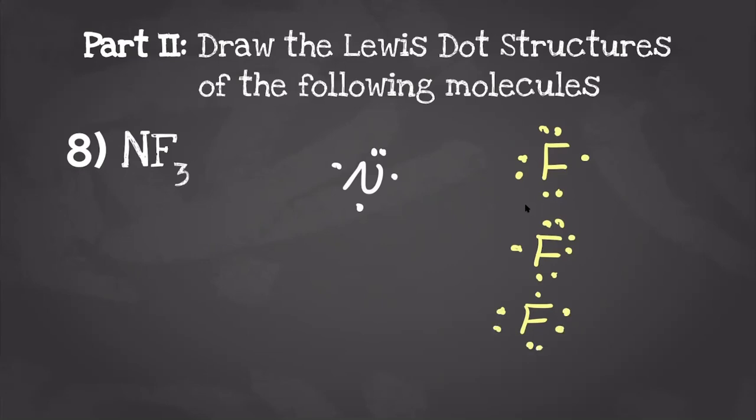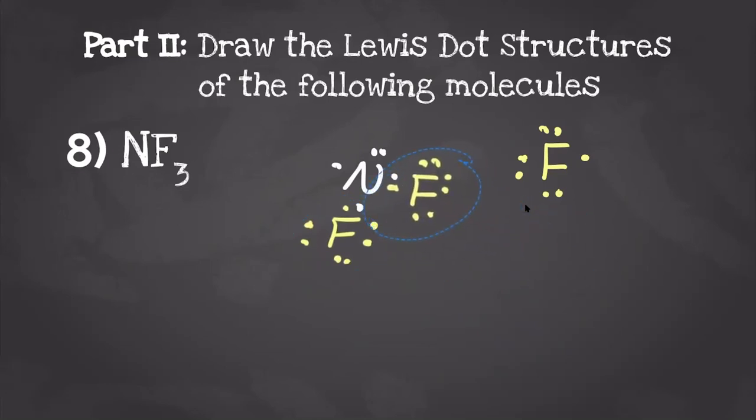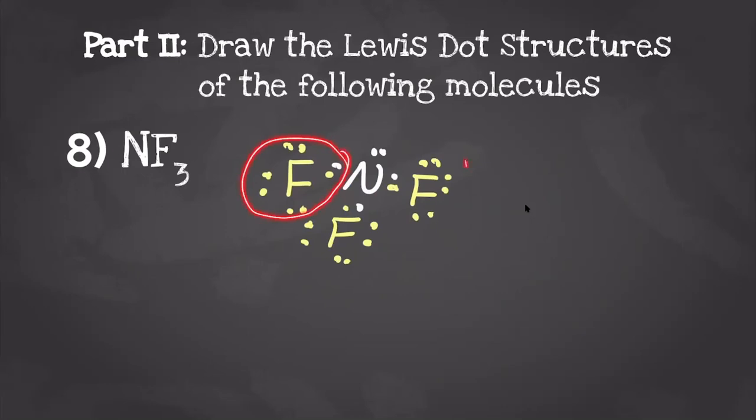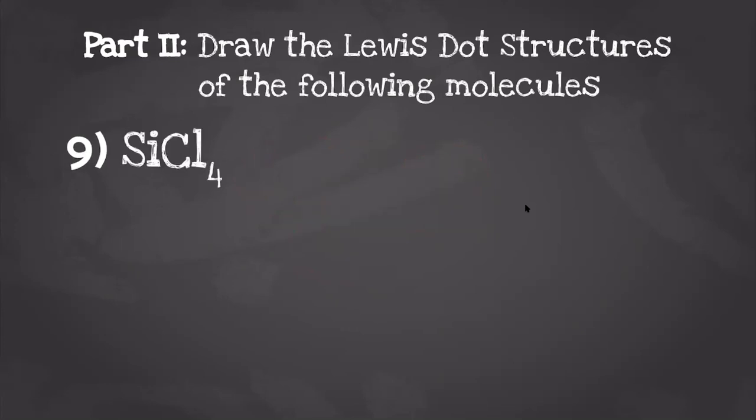And just gotta move our puzzle pieces. Each fluorine is going to have its 8. And nitrogen is going to be happy because it's going to have all of its 8.